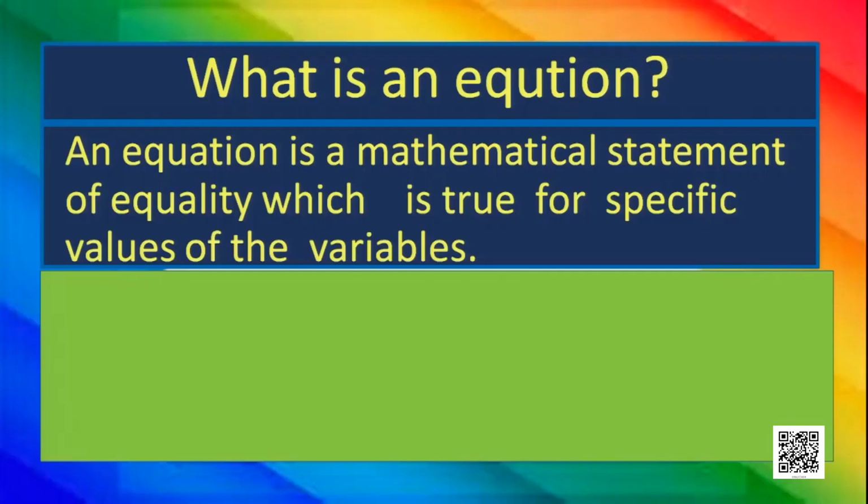An equation is a mathematical statement of equality which is true for specific values of variables. But in the last situation, the variable was not with a specific value. Any value of x could do that.